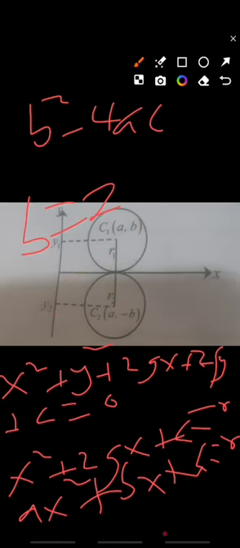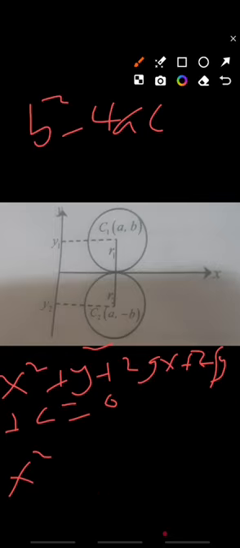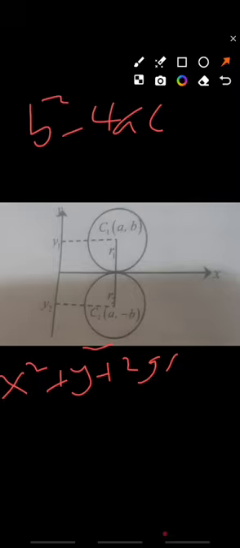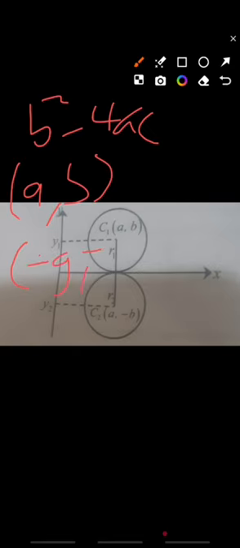From the diagram that we have here, we can see that the centers are (a, b) for the first circle and (a, minus b) for the second circle. So what do we do? One thing we need to understand is that for the standard equation of a circle, the centers are a and b, but for the general equation of a circle, the centers are negative g and negative f.